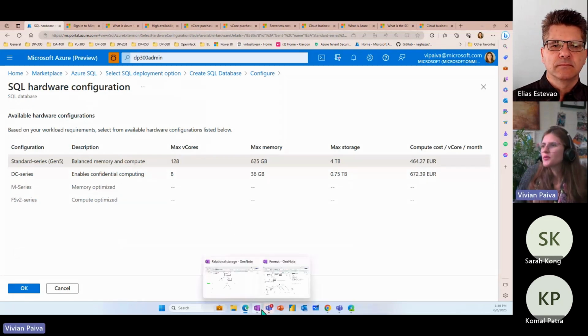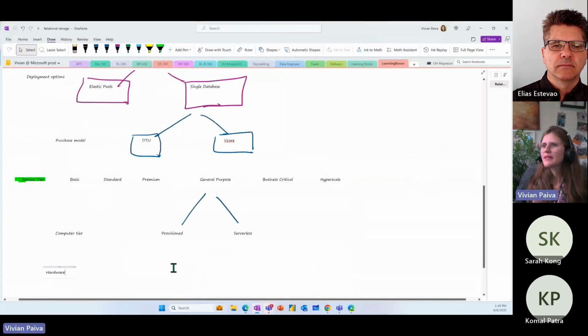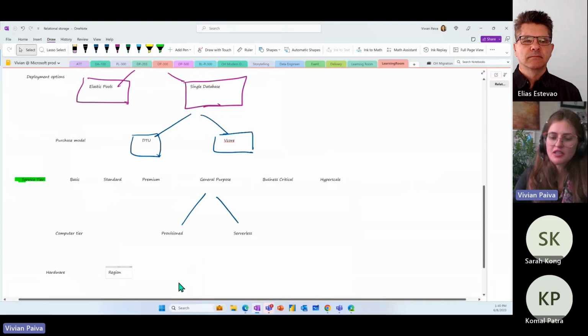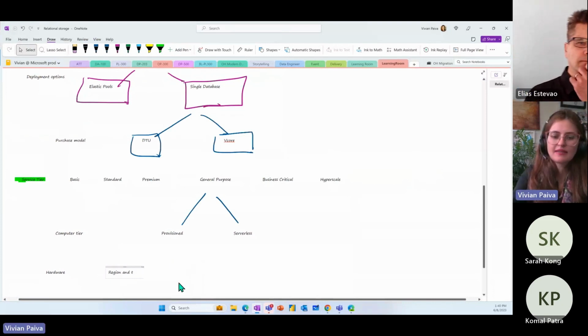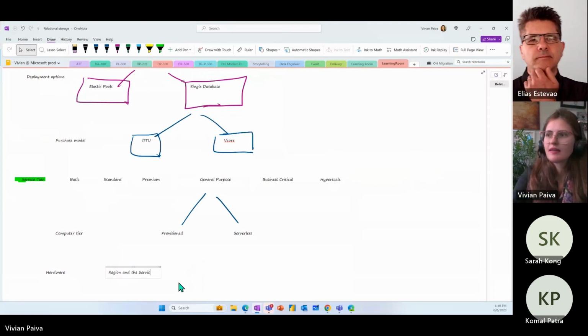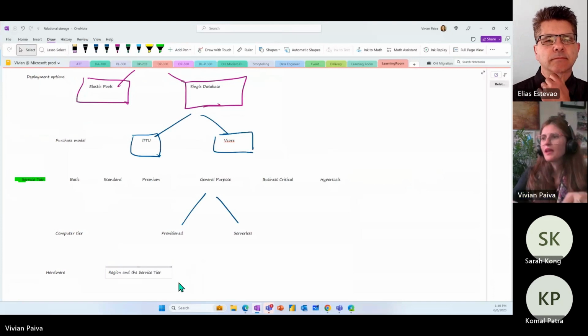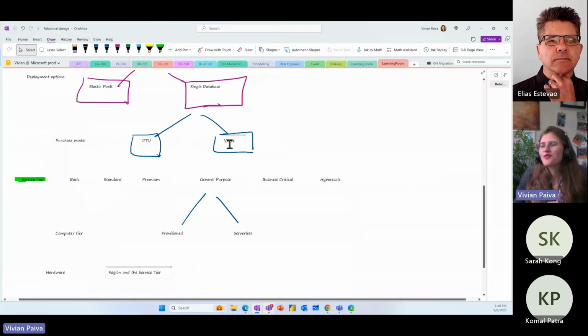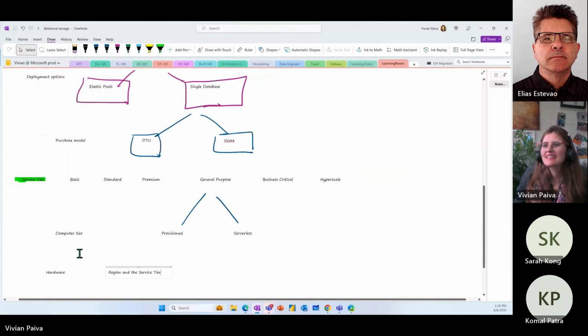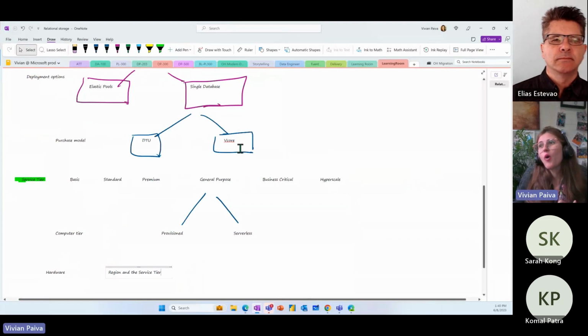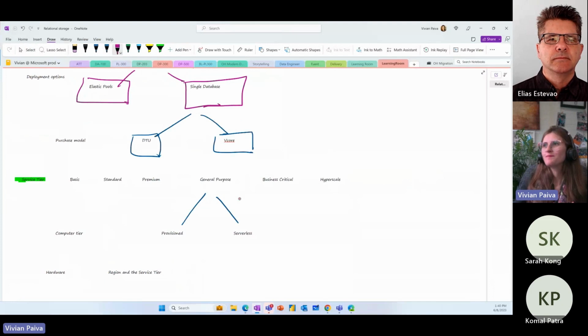Then just to give you a bit of information, I'm going to add here that we need to take into consideration the region and the service tier, okay? And of course, this option is available only if we are using the vCore purchase model.